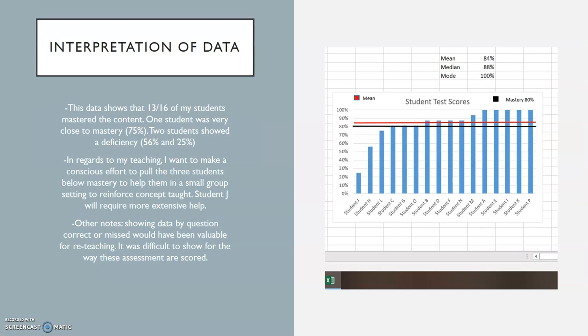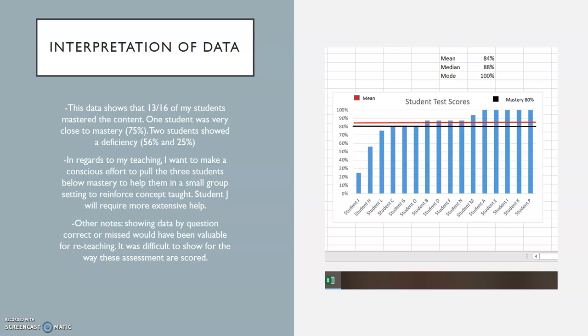As far as my interpretation of this data, it shows that 13 out of 16 mastered the content. It shows that one student was very close to mastery. They scored a 75%, and two students showed a deficiency, 56% and 25%. I really liked looking at this data in the bar graph because it showed that there was one student specifically who was a large outlier, student J, who scored a 25%.